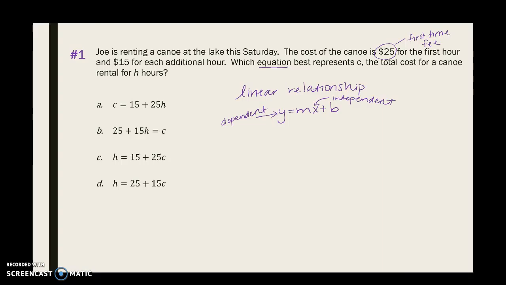So that means, for example, maybe the number of pounds of bananas that you buy determines the cost, right? So cost would be our dependent. Or, let's see, the number of tickets you buy, x, determines the total cost of all the tickets.